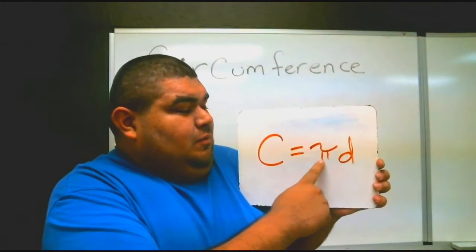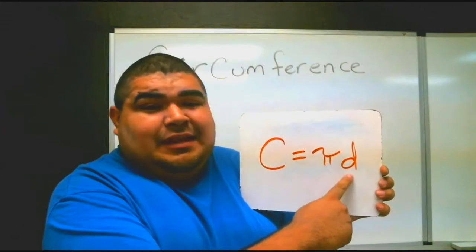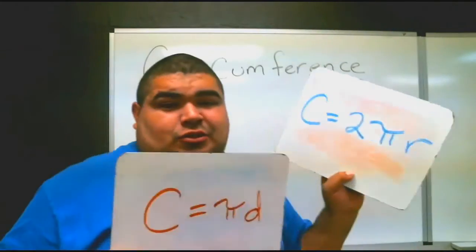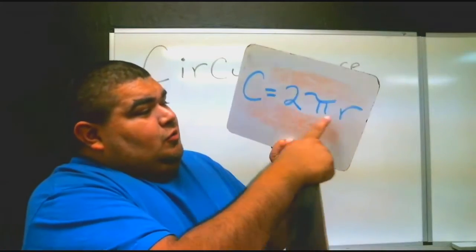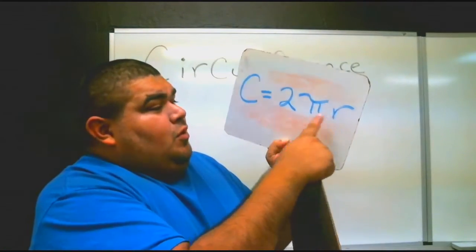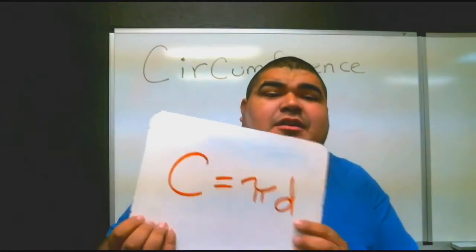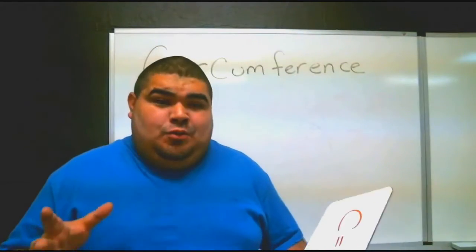Circumference equals pi times diameter, okay? If you look at the other equation, it has 2r. 2r becomes a d, okay? So like I said, you can use either one.